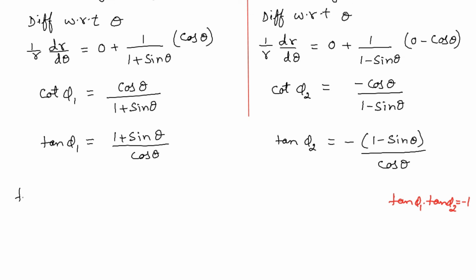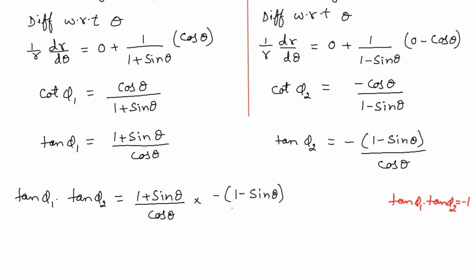So I will be taking tan of phi 1 into tan of phi 2. Let's try to multiply this one. Tan phi 1 value is 1 plus sine of theta divided by cos of theta into tan phi 2 value is minus of 1 minus sine of theta divided by cos of theta.